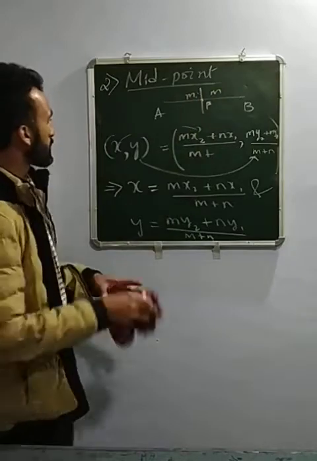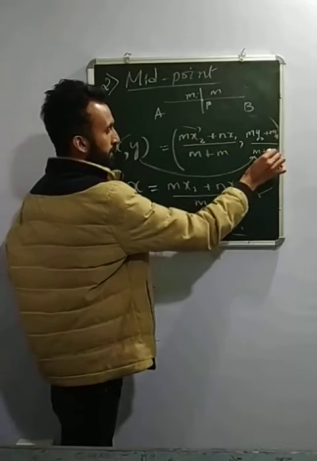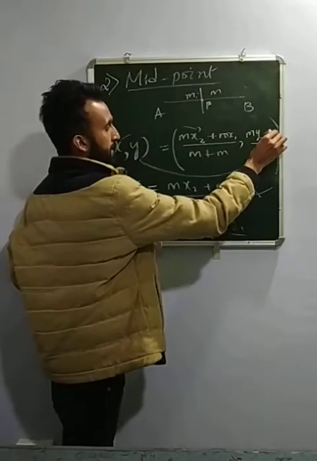Midpoint formula. So what will I do? All the N I'll replace by M only here, because it is exactly in the middle.